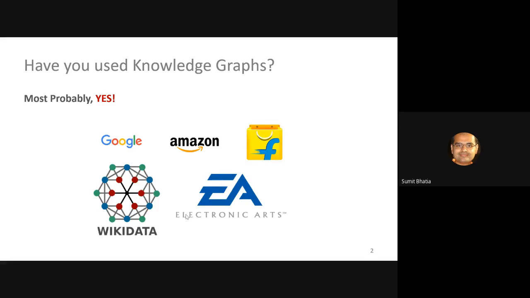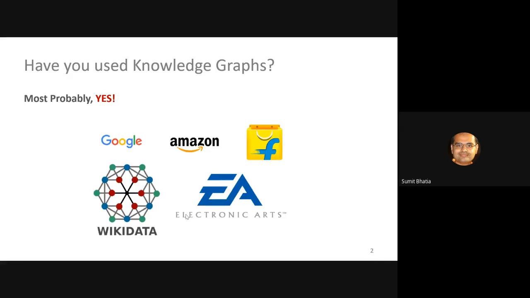And some of you who have ever played video games, there is a very good chance that the video game was actually using knowledge graphs. I actually came to know about this fact at a conference where I met an engineer from Electronic Arts. It's a video game company, and he told me that they use knowledge graphs to represent stories and characters and their interactions within the video game.